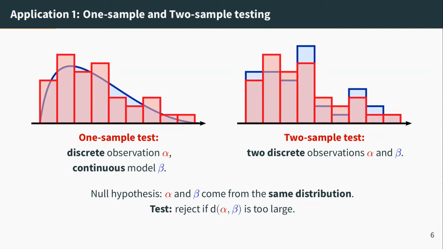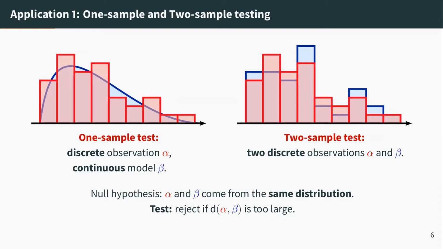And so, in statistics, we like to be very explicit about the null hypothesis. Here, we try to design tests where the null hypothesis is that alpha and beta come from the same distribution. Then, assuming that we have defined a good distance between probability distributions alpha and beta, we are going to reject the null hypothesis if we observe that the distance between alpha and beta is too large.